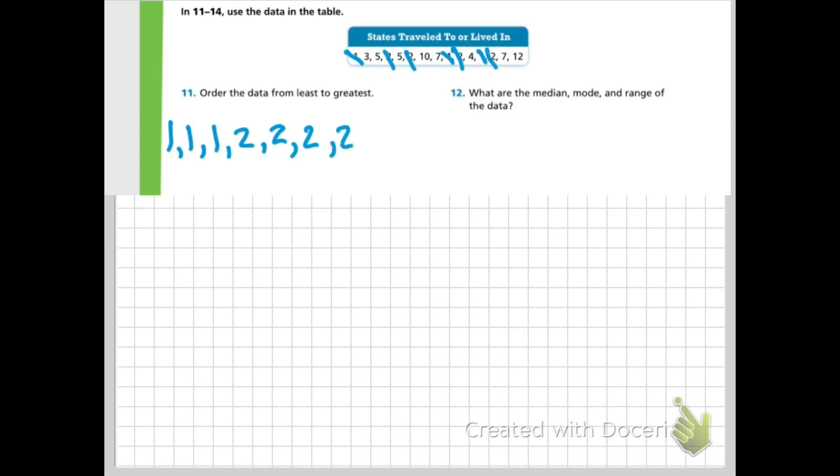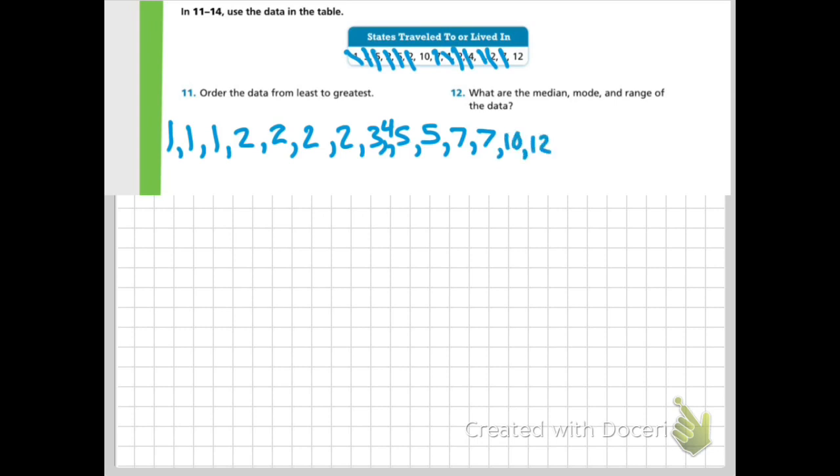Then we have a 3, and we have a 5, and another 5, and 2 7s. Oops, and one I forgot is a 4, so we'll put that in there. And then a 10 and a 12.